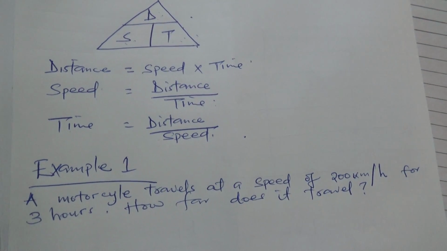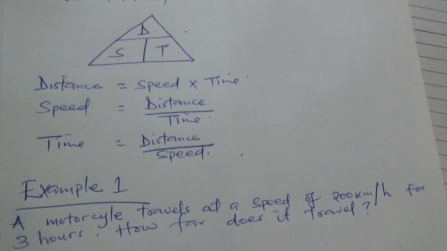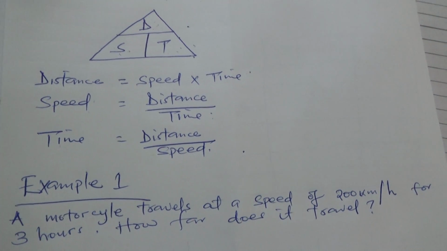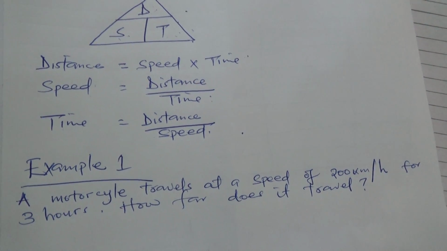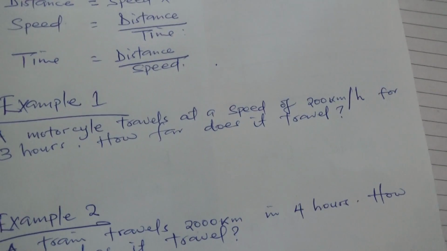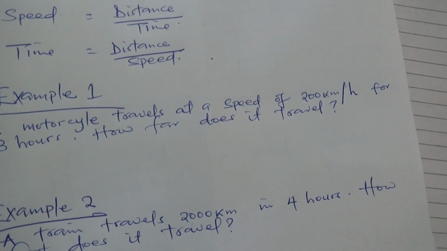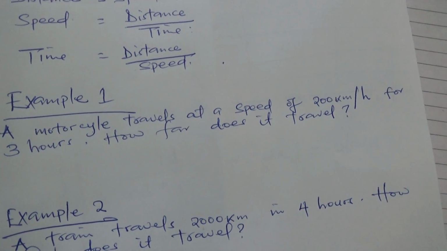Now we are going to move into example 1 and see how we can apply this relationship of the DST triangle into calculating real-life mathematical questions. Example 1. A motorcycle travels at a speed of 200 kilometers an hour for 3 hours. How far does it travel?